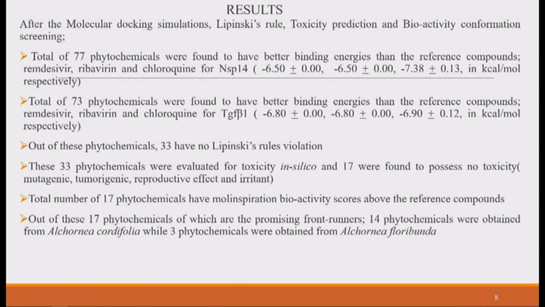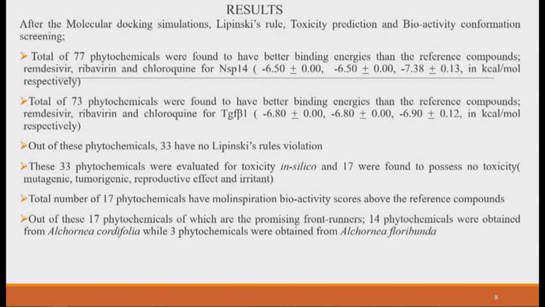Then after the molecular docking, like I said, we checked for the Lipinski rule of 5. And we found out that out of these phytochemicals, only 33 passed the rule. That means they did not violate it. Then we further went into determining the toxicity effect. Like I said earlier, mutagenic, tumorigenic, and we found out that 17 showed to possess no toxicity.